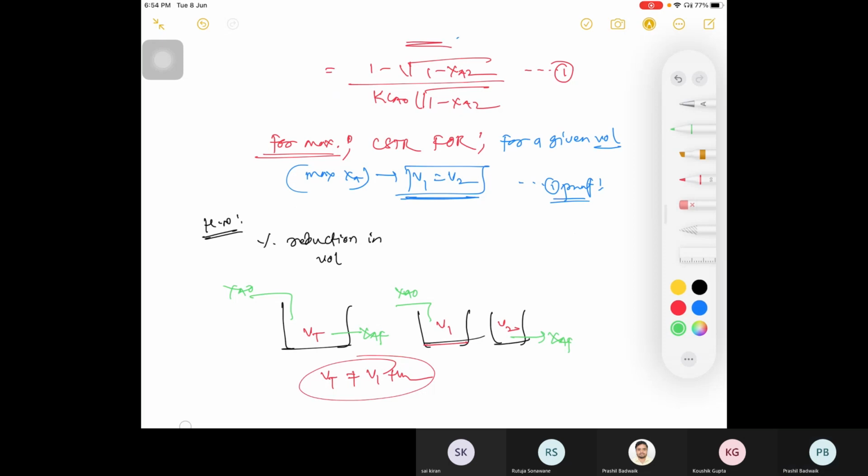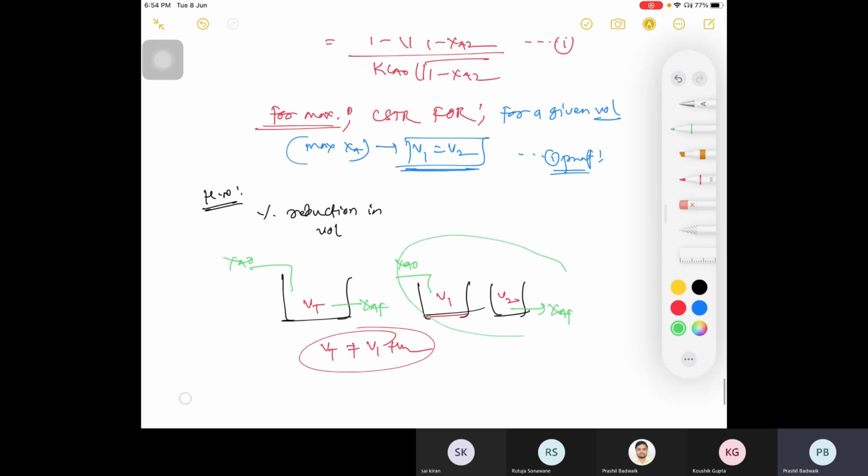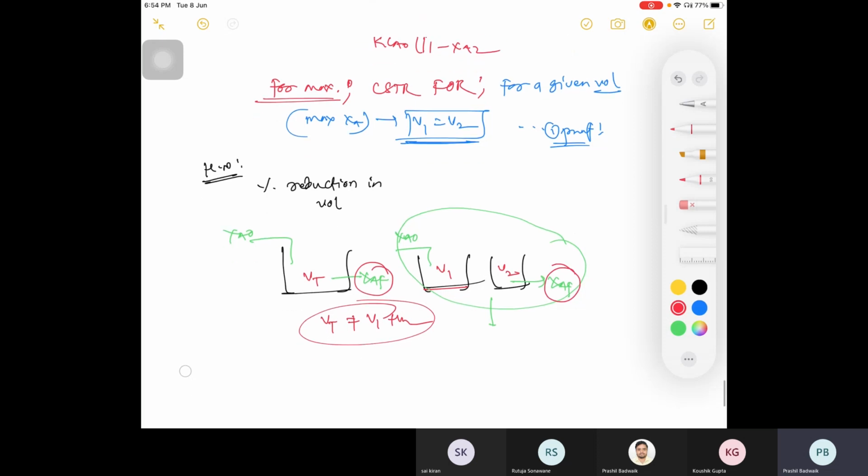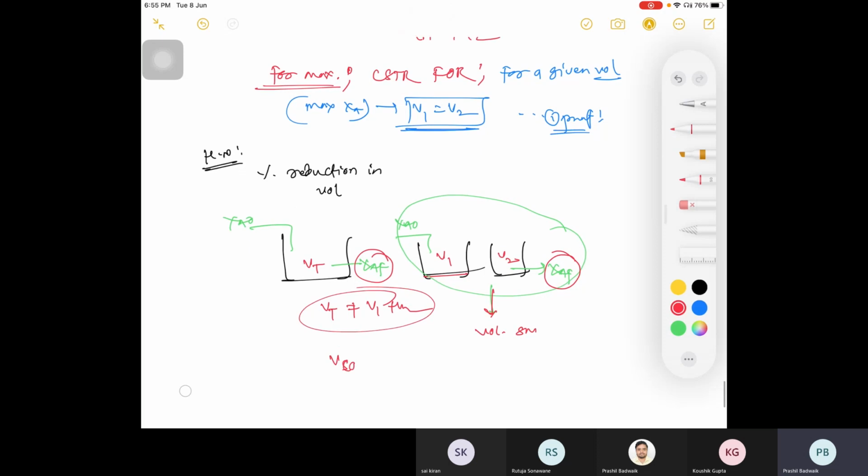Okay, so from this condition you know that in a cascade, in order to have the same conversion, the volume will be smaller, right? So the volume of the cascade system is smaller as compared to the volume of a single MFR, right?